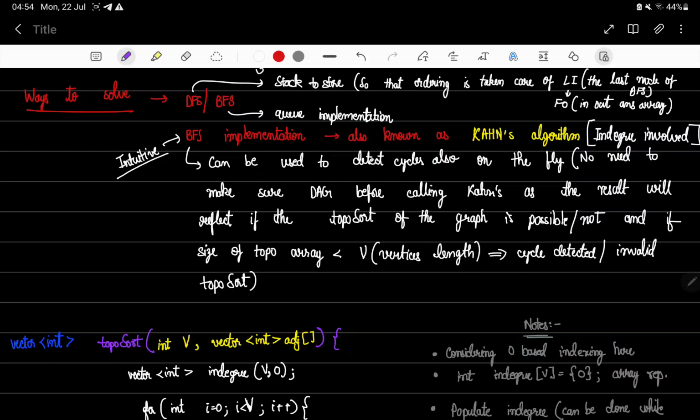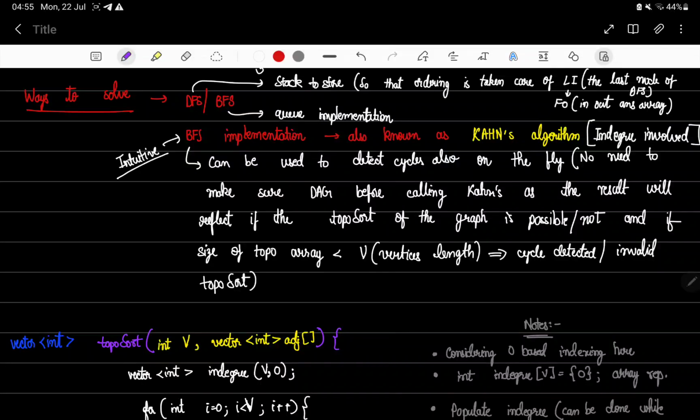Now in Kahn's algorithm, if we make a bit of modification, we can also see that if we just give any graph to it, be it a directed acyclic or a cyclic graph, we can even check if there is a cycle. So how can we check? The algorithm is such that the function will itself return an empty array of topologically sorted objects, or else the length will not be equal to the number of vertices.